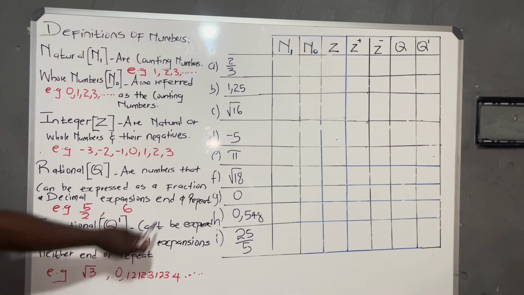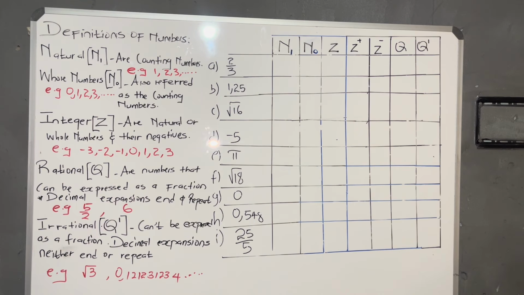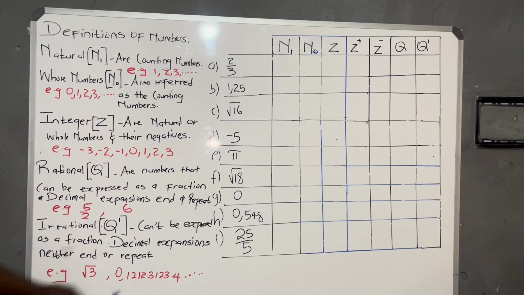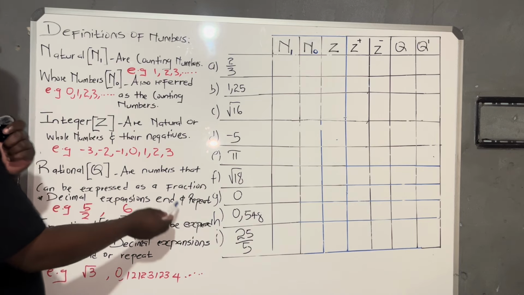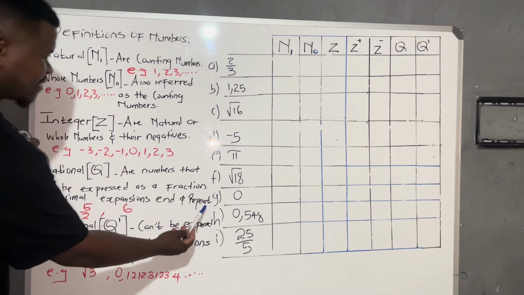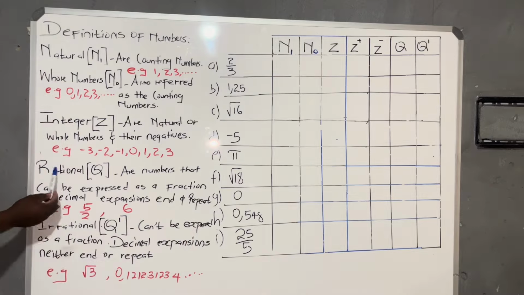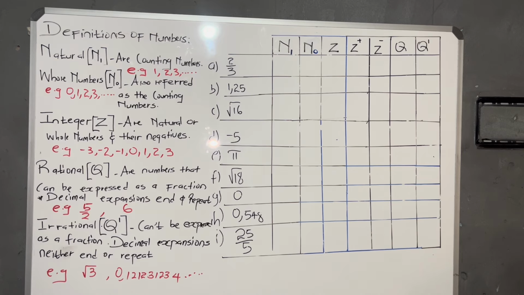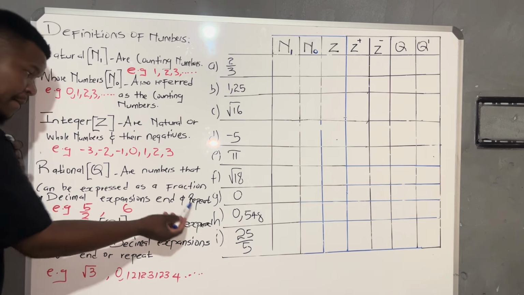And then it also repeats. This part of repetition, you come across a number where you say 0,33333. That's how you will see that it is also part of the rational numbers because of the repetition. So it means there are two things here. You might find it doesn't repeat, but it ends.